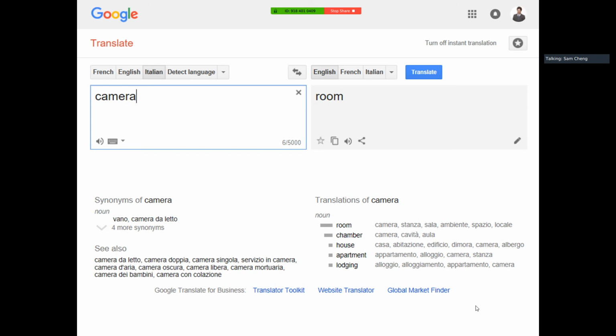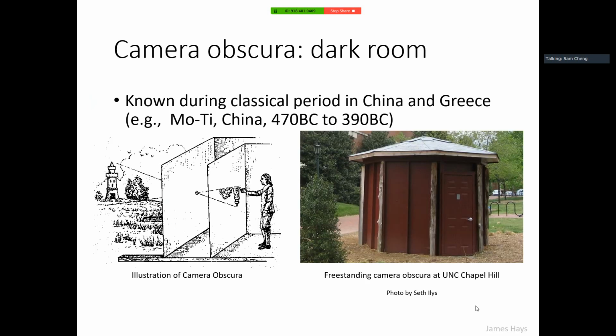Actually, the word camera in Italian means worm. As you can imagine, the camera used to be big, and it dated back to the time of ancient Greece and also China. They had a huge dark room that is basically a pinhole camera.